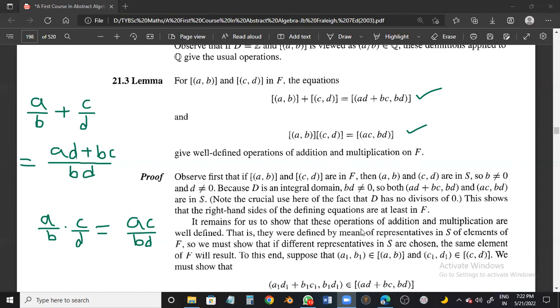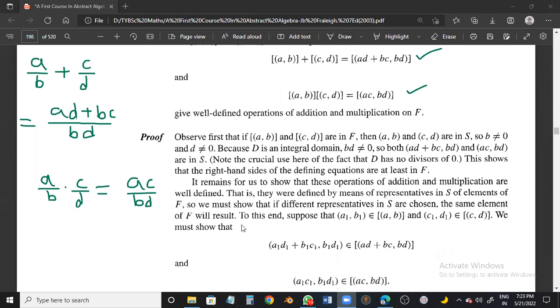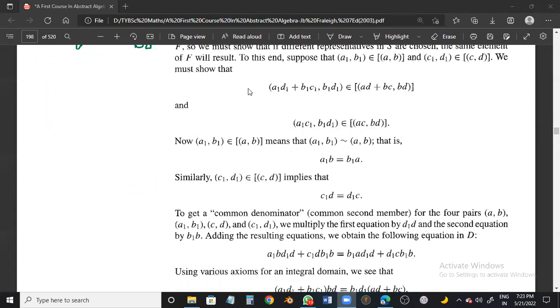Now it remains to show that these operations of addition and multiplication are well defined. That is, they were defined by means of representatives in S of elements of F. So we must show that if different representatives in S are chosen, the same element of F will result. We have taken the ordered pair A1 B1 from the equivalence class of AB, and C1 D1 is chosen from the equivalence class of CD. What happens if I add like this?